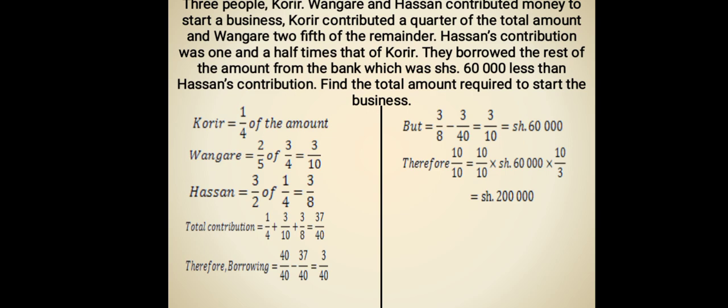It becomes 3/8. The total contribution, we have that of Korir a quarter, Wangare 3/10, and Hassan 3/8, which is 37/40. Now, the amount they borrowed, to have a whole, we need 40/40.